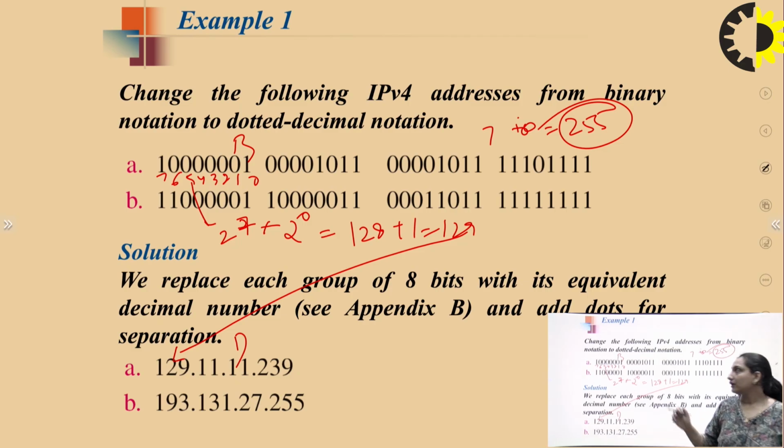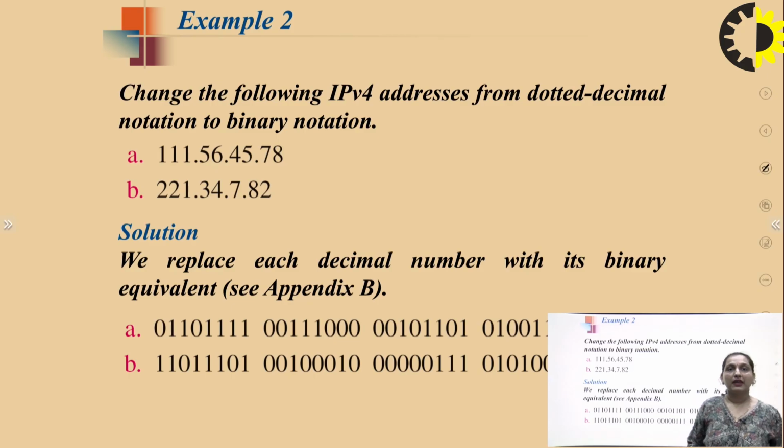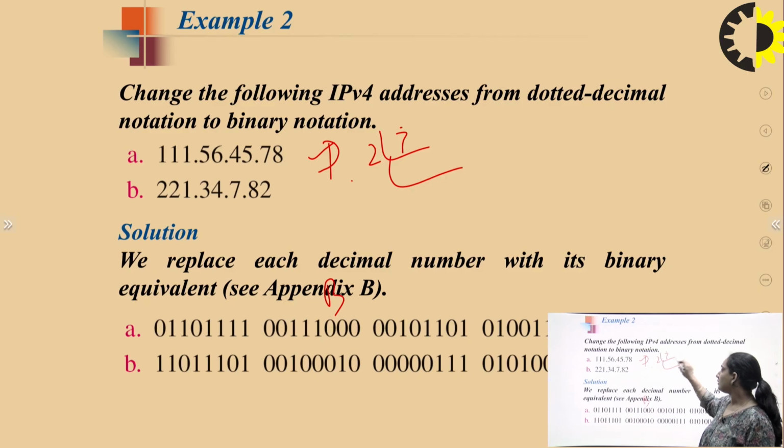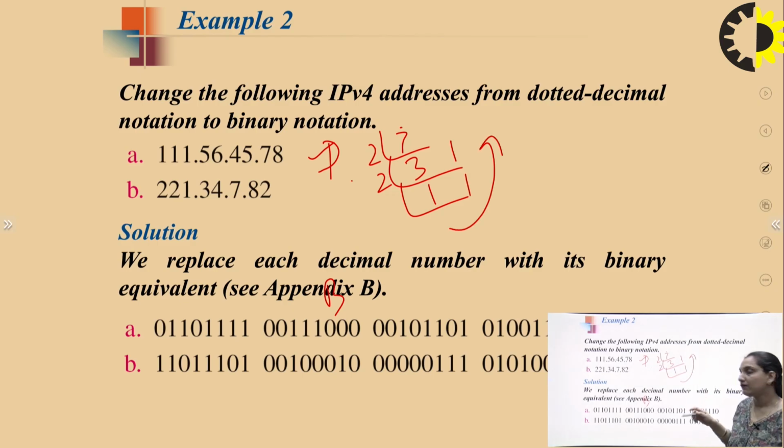Then we have to convert decimal into binary. How will we convert it? For example, take 7 and divide it by 2. We get 3 with remainder 1, then 1 with remainder 1, and then 1. We write from bottom to top: 1, 1, 1.